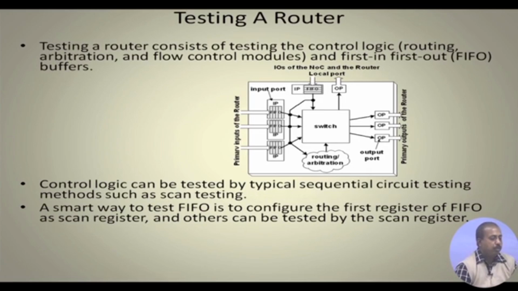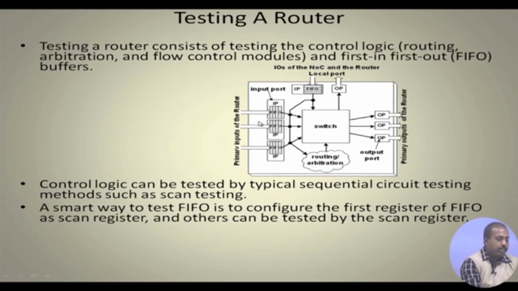Before going into router testing, we need to understand what a router looks like. A typical switch or router has a number of ports. It has primary inputs, input ports coming from different neighbors.